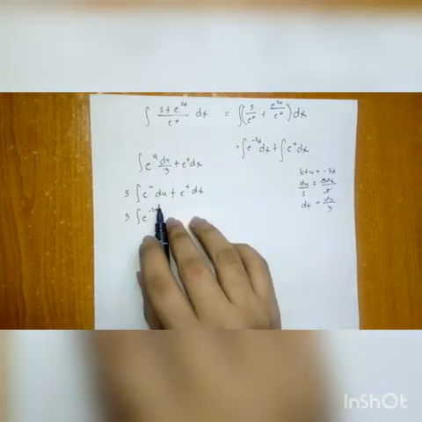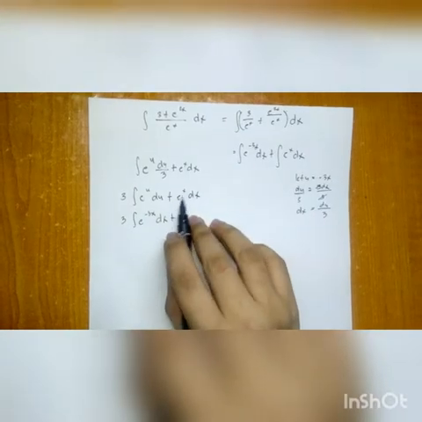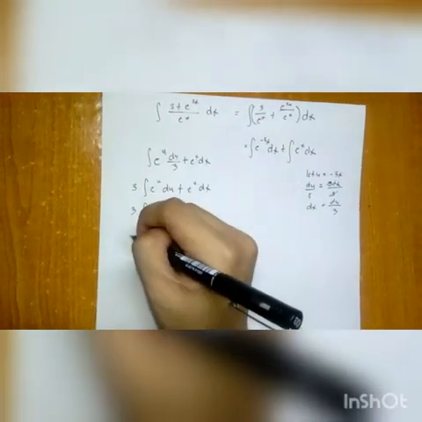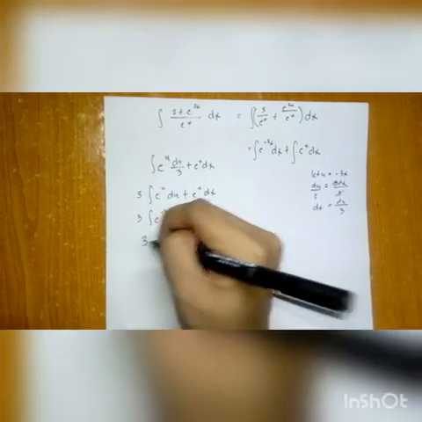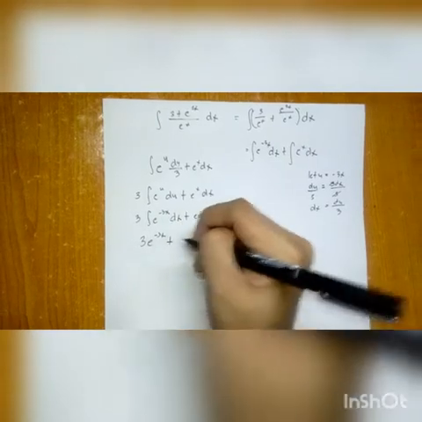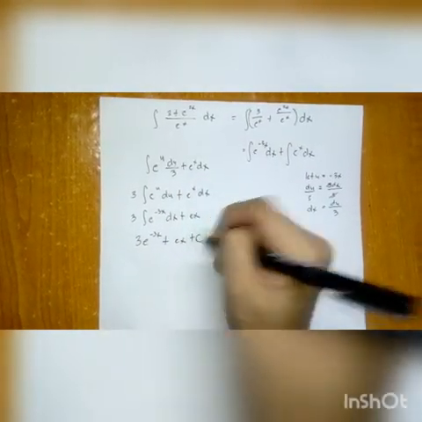Then the du will become the dx plus the e raised to x dx is equal to e to the x. Now it will become 3 e raised to negative x plus e to the x, and we will add the plus c constant.